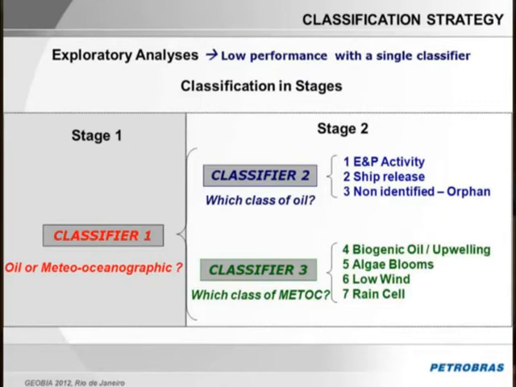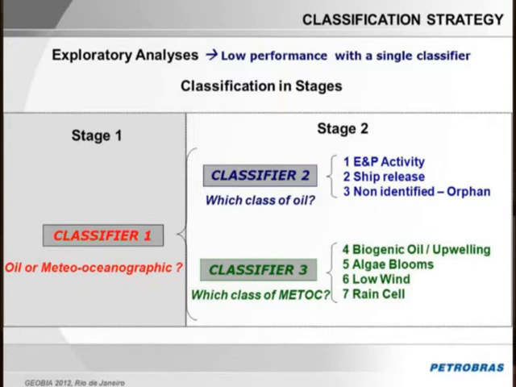So the next steps: as the exploratory analysis showed a low performance using a single classifier, we did some tests. We decided to use a classification in stages. So in the first stage, the question to be answered will be: is it an oil spill or a meteo-oceanographic phenomenon? This is the typical phase.